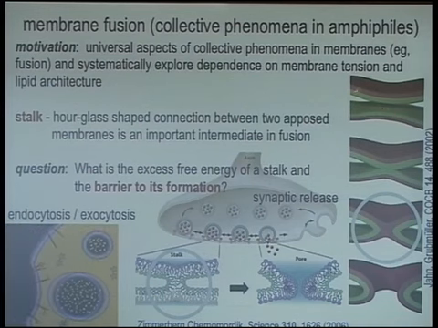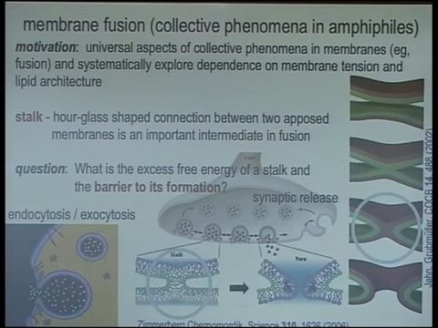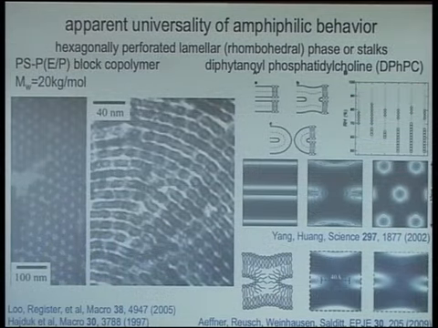And the picture is you have two membranes, they come close to each other, and then they form this hydrophobic bridge between the two membranes, which is called the stalk. And people believe that the formation of that stalk is the important, determining step for fusion, where you form this and then it expands, forms a hemifusion diaphragm or not, and then opens the fusion pore.